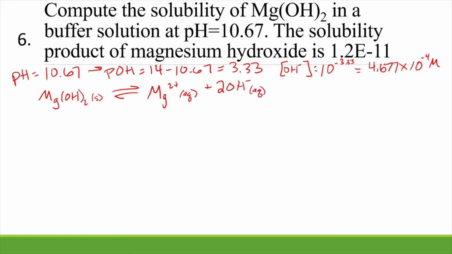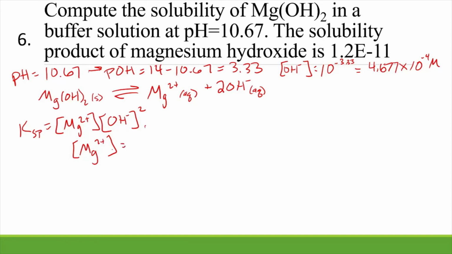So then Ksp is equal to our concentration of Mg2+ times OH- squared. And so the concentration of the magnesium, which is going to be the same as our solubility of magnesium hydroxide, is equal then to Ksp divided by OH- squared.